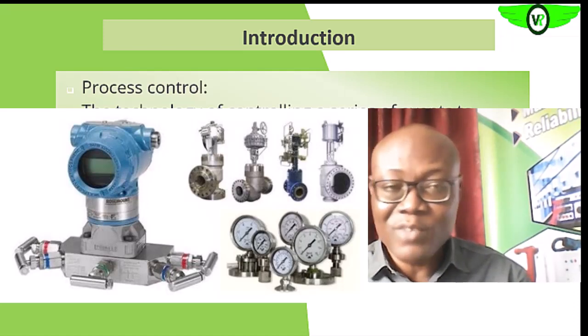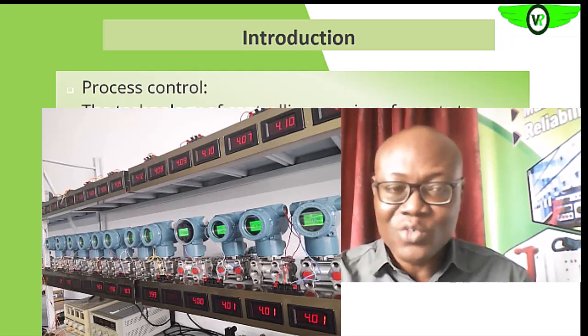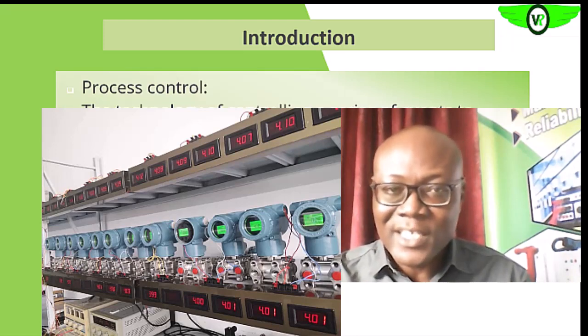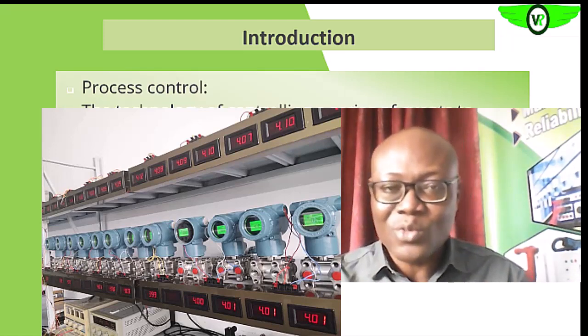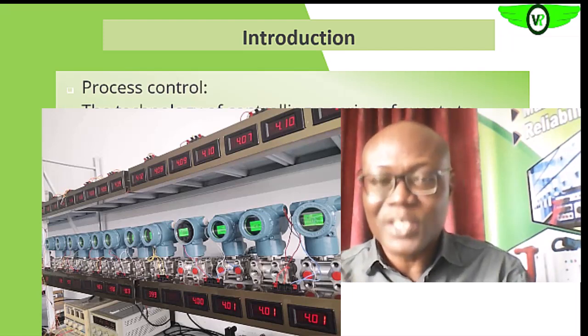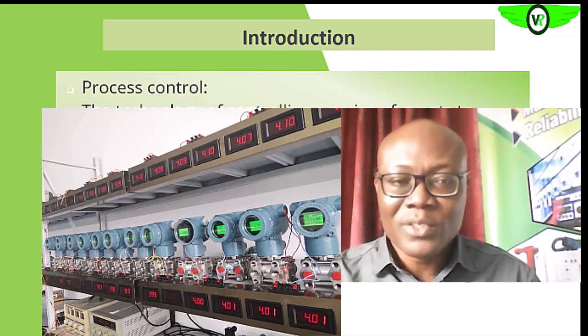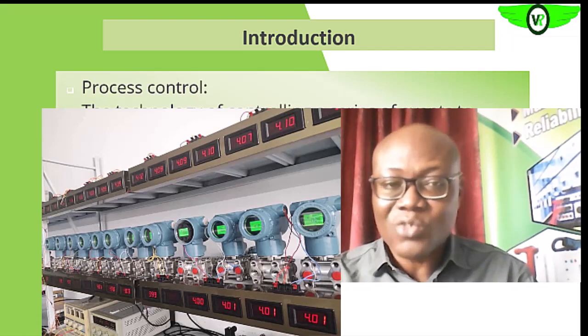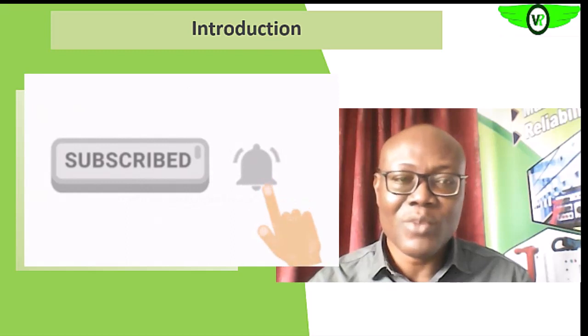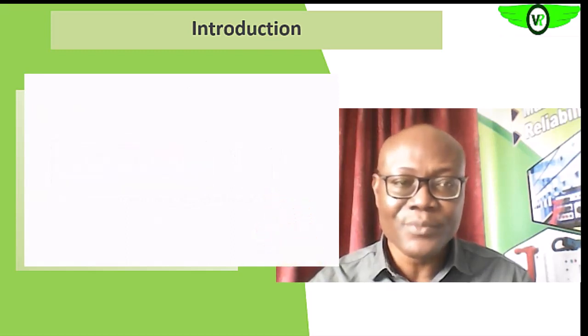That is, as these variables are changing, the technology or instrument that we use looks at them as they change and then readjusts them to the level that we want them to be, so that our process will bring the desired output. That is called process instrumentation. We are going to see more details of it later.